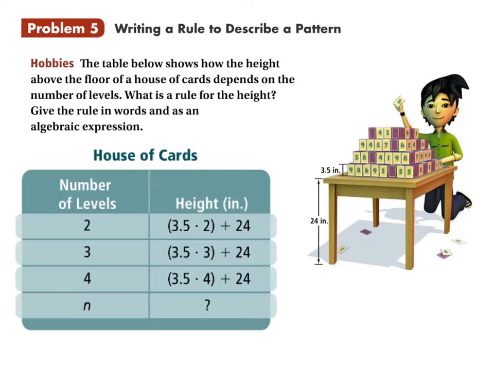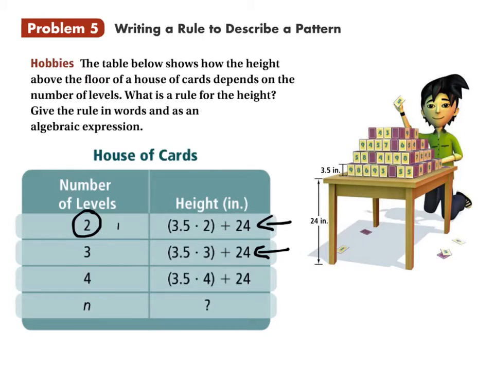Now let's look at the table. If there are 2 levels, each level is 3.5 inch, so it will be 3.5 times 2 plus the height of the table, 24. If there are 3 levels, 3.5 times 3 plus the height of the table.